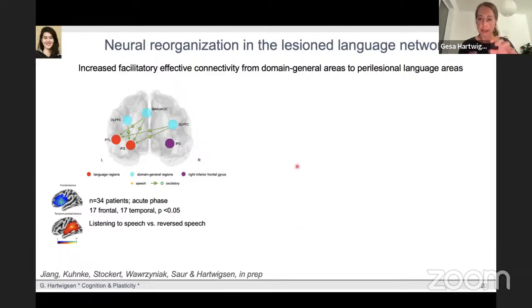So we found that across both groups, in the early phase after stroke, already in the first days, we have a strong increase in the drive from the domain general to the perilesional language areas. And this increase is facilitatory. This is something that the model tells you. Whether it's completely accurate is something different. But the model says we have a strong increase in the facilitatory drive from the domain general to the perilesional language areas.